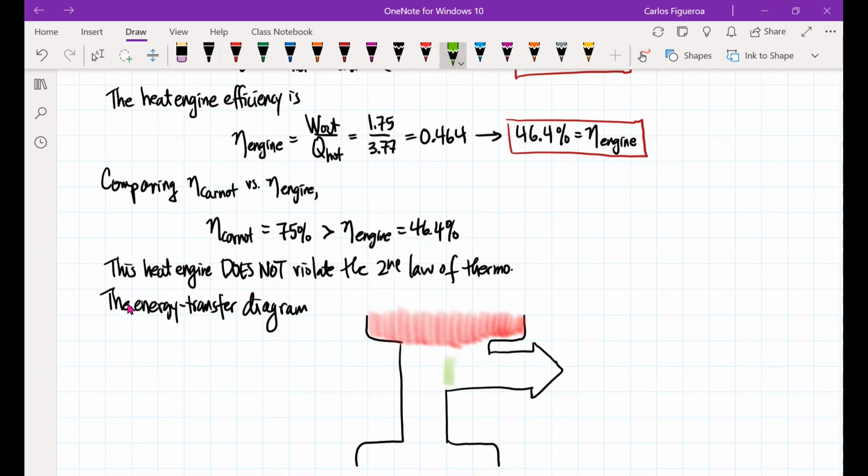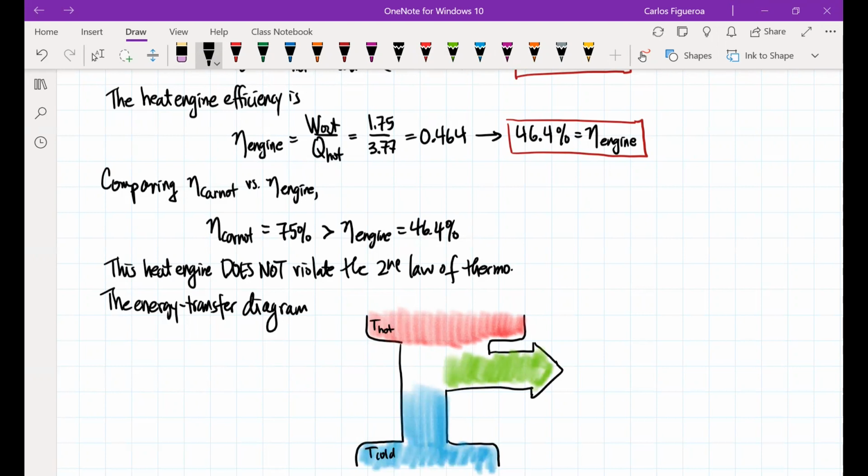So if I'm looking at my heat and my output work, it's looking something like this. That's about half. And then over here, here's my cold reservoir. And you're seeing that this is about half too. So that means over here, I have T hot. Here I have T cold, which we did not calculate.